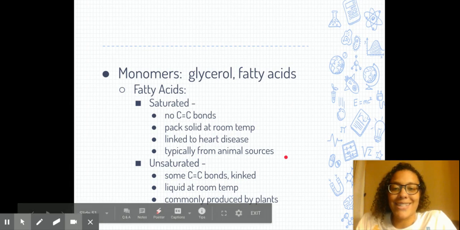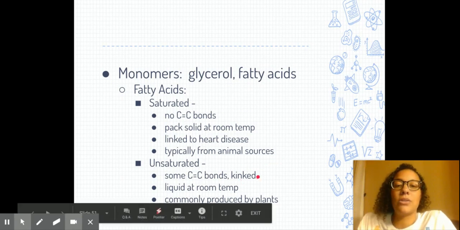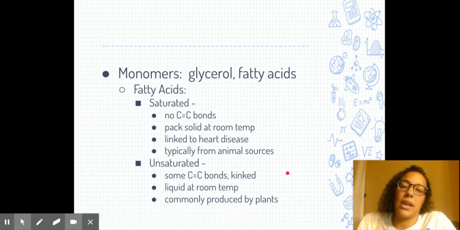We can go with that. And then our unsaturated fatty acids are going to be the ones that have a double bond in them or they have a kink to them, which allows for some flexibility. I guess if you want to say they're the better fatty acids than the saturated ones.